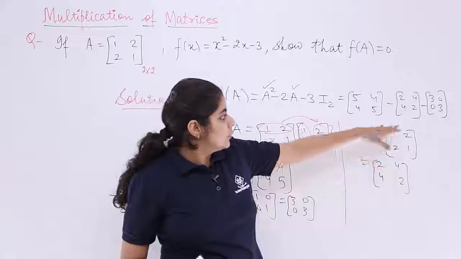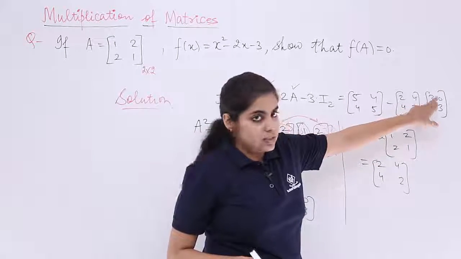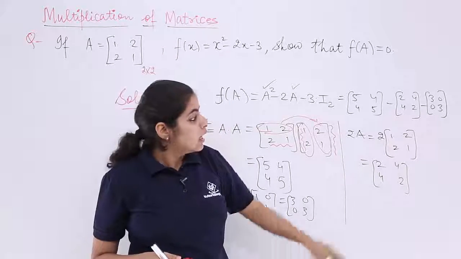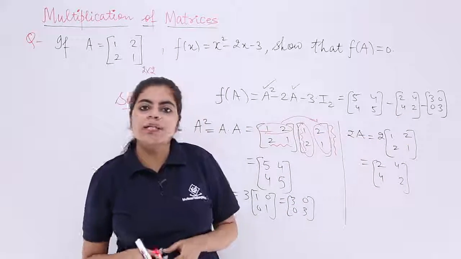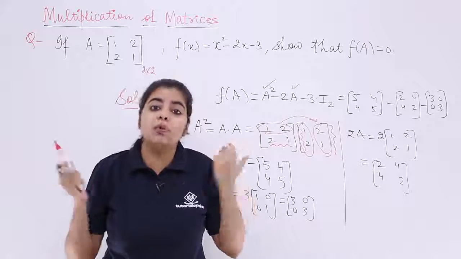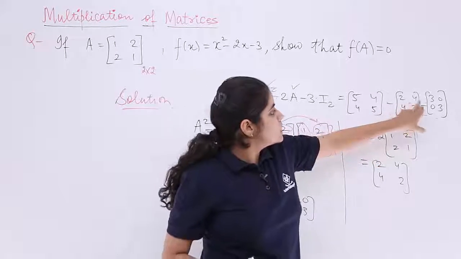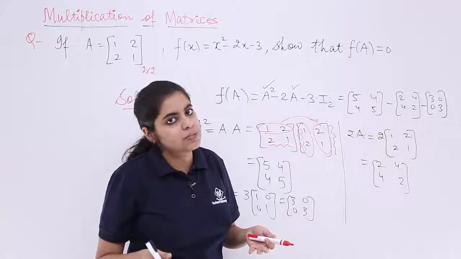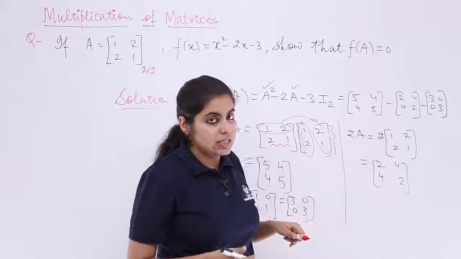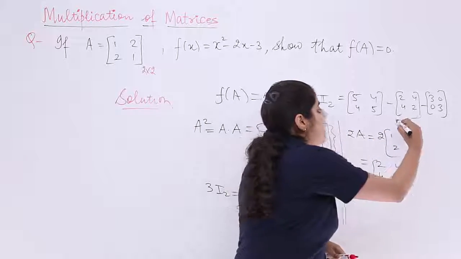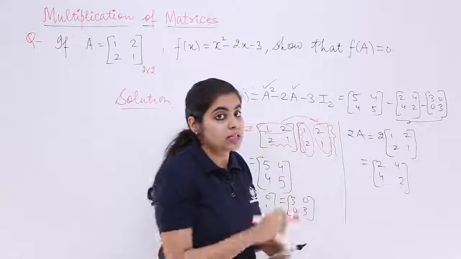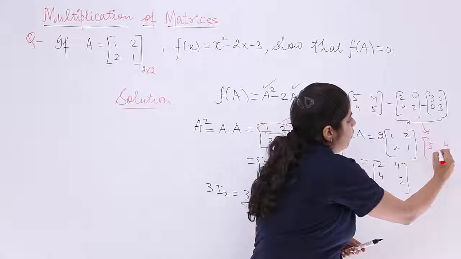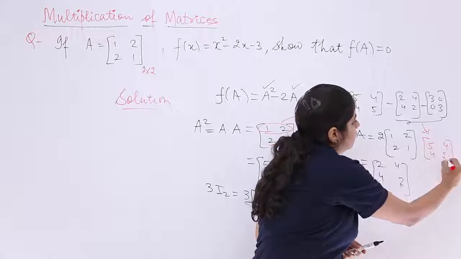Now see, 2 and minus 3 here, this is 4, 0 here. Both these are minus. What is minus minus? It is plus. That means you have to add them. So 2 plus 3 gives 5, and that 5 minus 5 will become 0. These things when added give a new matrix. What is that new matrix? It is basically 5, 4, 4, 5.